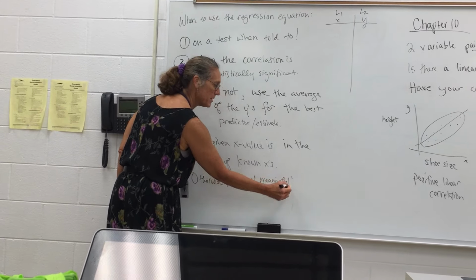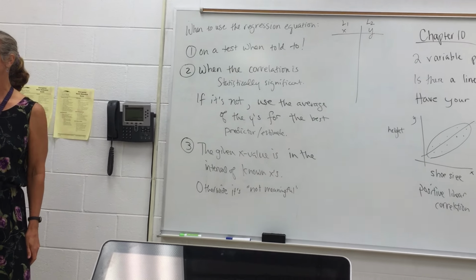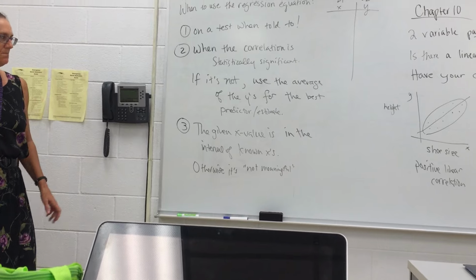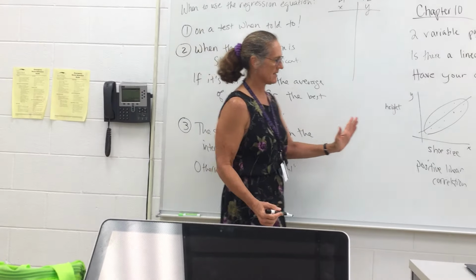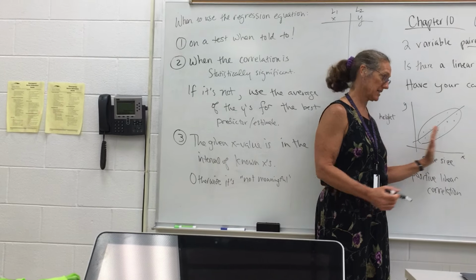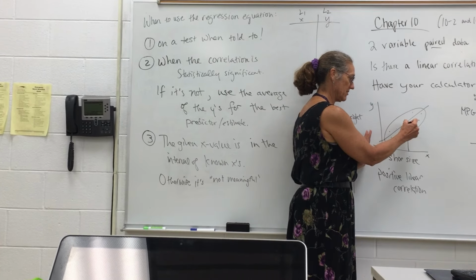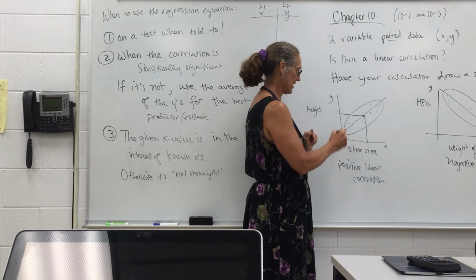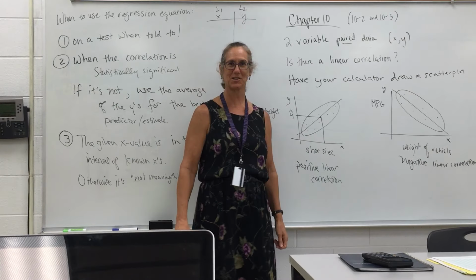So they might say, if meaningful, calculate y for a given x. Well, if the x that they give you is somewhere in between the known x's, then your line applies and you can calculate y. They call that y hat.